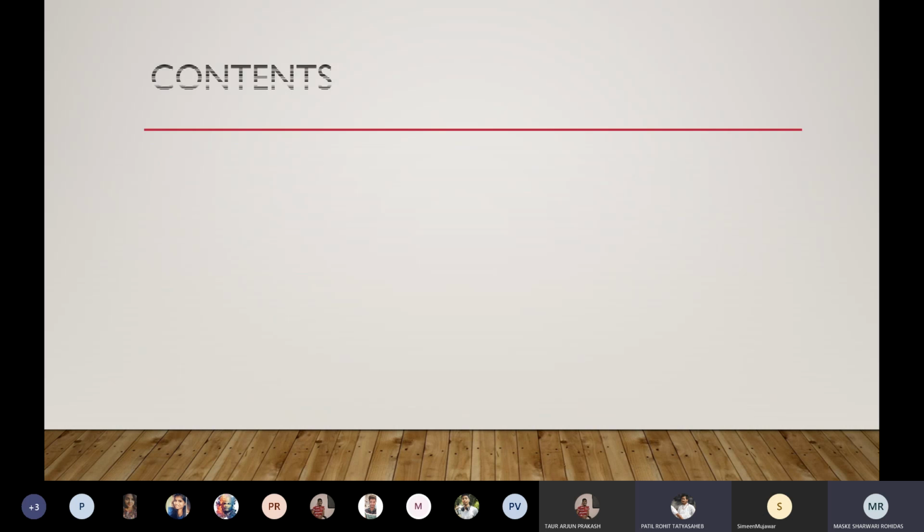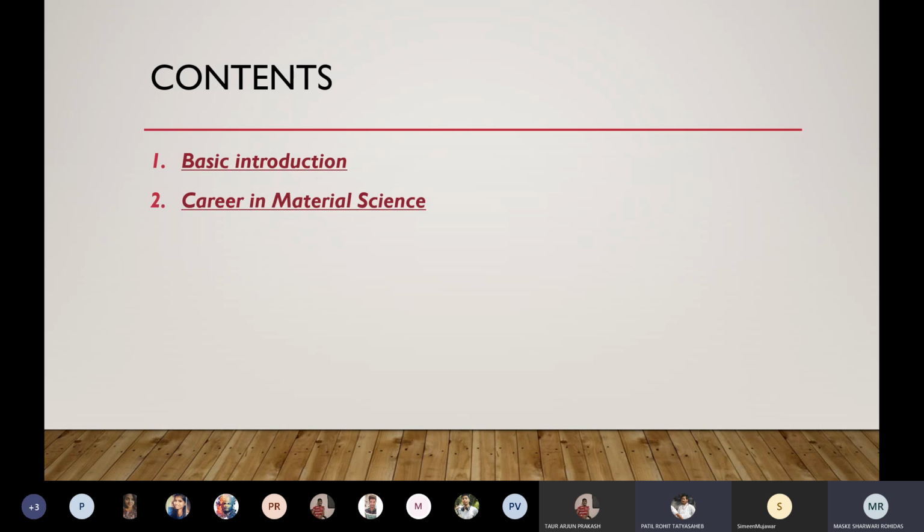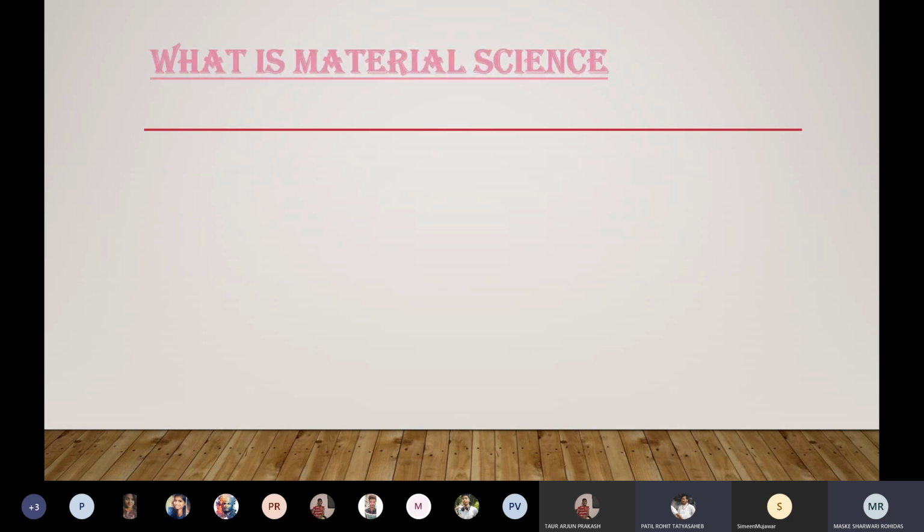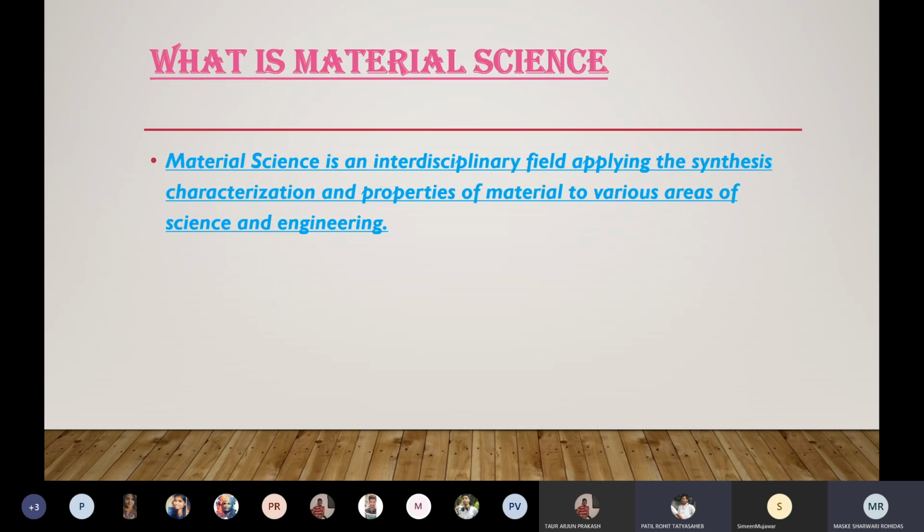As Mangalrian ma'am likes creativity, I am performing it under the guidance of Dr. Mangalrian ma'am. The contents in my PPT are a basic introduction to material science and careers in material science. The first slide covers what material science is. Material science is an interdisciplinary field applied.